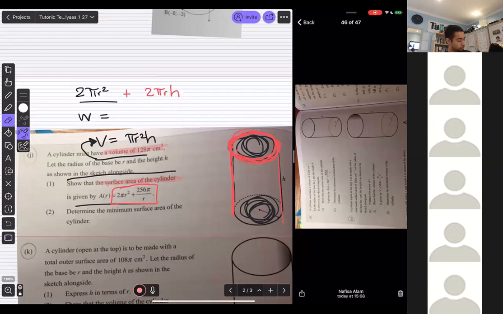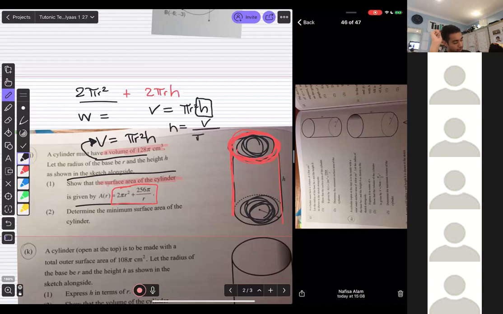And that's where the volume comes in. Why do you think they gave you the volume? This type of question comes up all the time, because if they give you the volume, you know the volume is pi r squared h, which means you can write the equation in terms of h, so it becomes v over pi r squared, and we said that v is what? 128 pi.